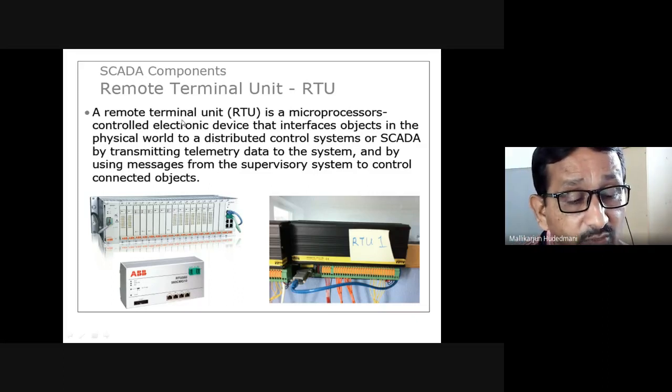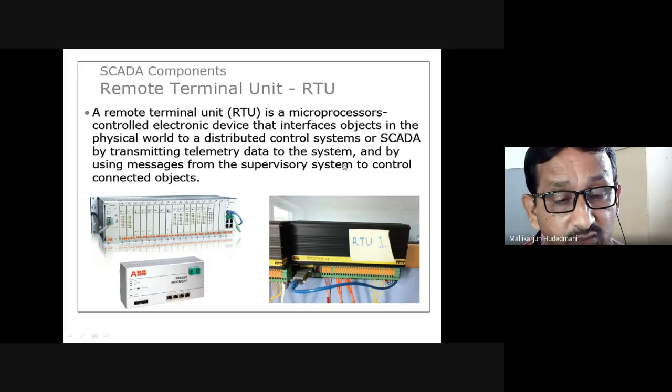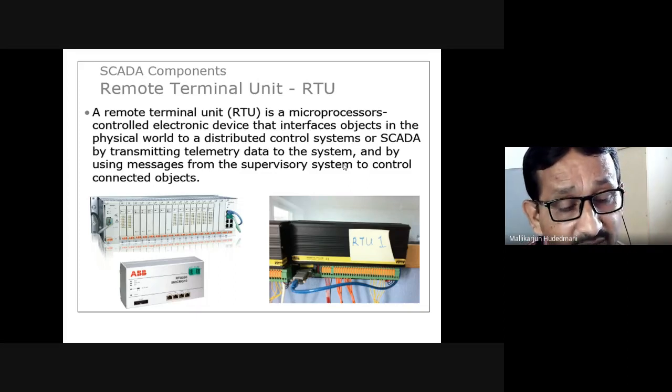So a remote terminal unit, RTU, is a microprocessor-controlled electronic device that interfaces objects in the physical world to a distributed control system or SCADA, to get the information and transmit it to the energy control center for the supervisory control mechanism.